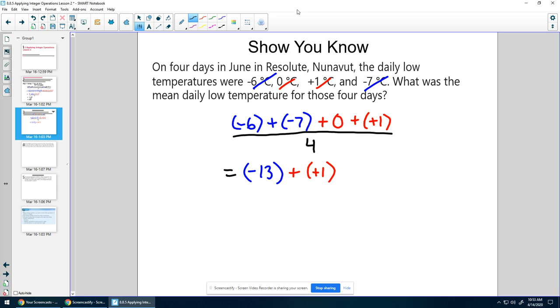And we're dividing it all by 4. Second last step: -13 plus 1. Two different teams. Which team's bigger? The negative team. What's the difference between 13 and 1? 12. Divided by 4. So -12 divided by 4. Negative divided by a positive gives us a, that's right, negative.